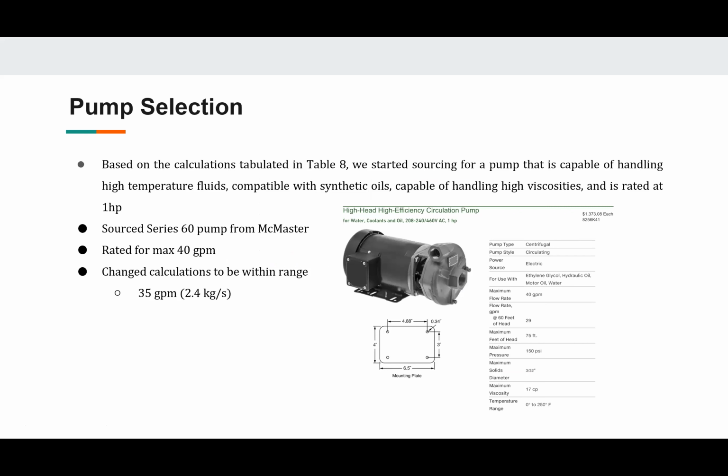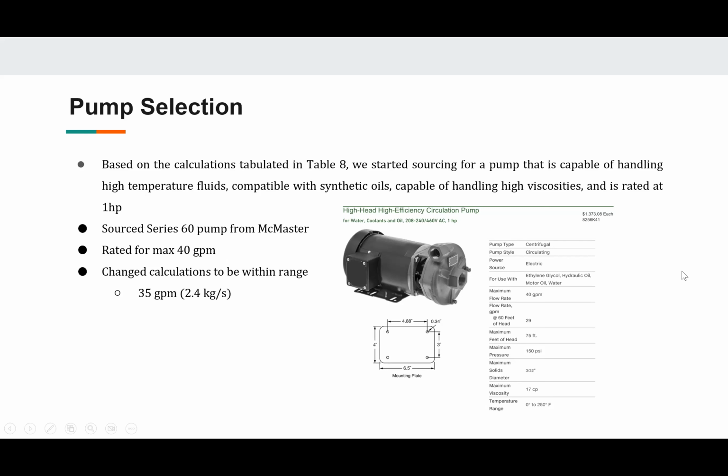Now for the pump selection, based on the calculations in table 8, we started sourcing a pump that is capable of handling high temperature fluids, compatible with synthetic oils such as ethylene glycol, capable of handling high viscosities, and rated at 1 horsepower. We size up just for margin's sake.